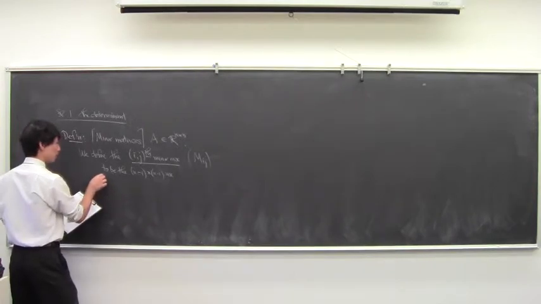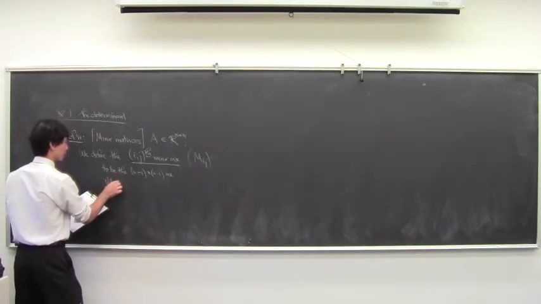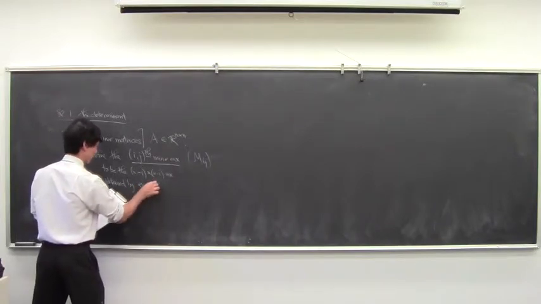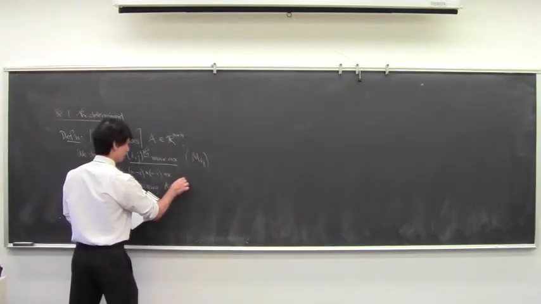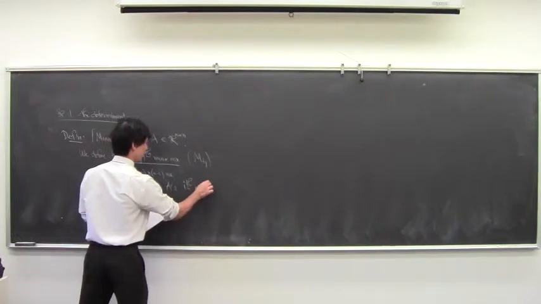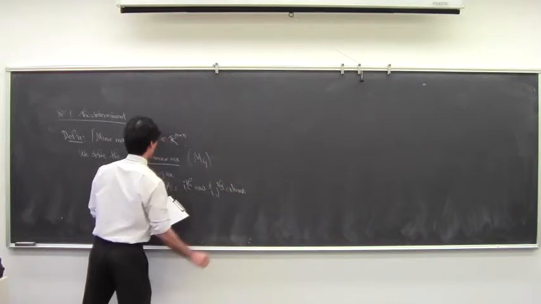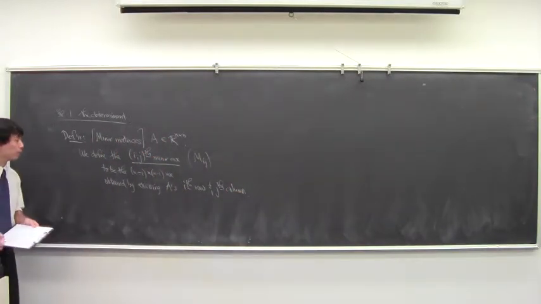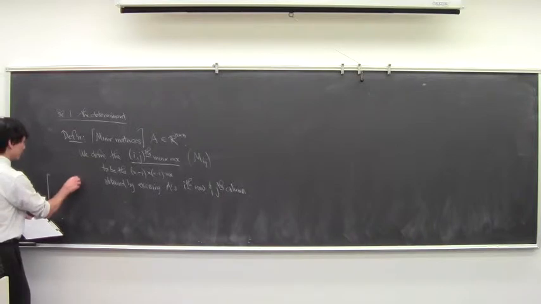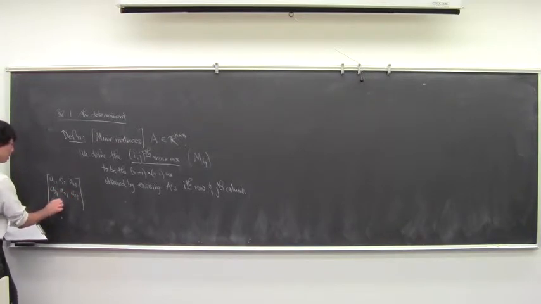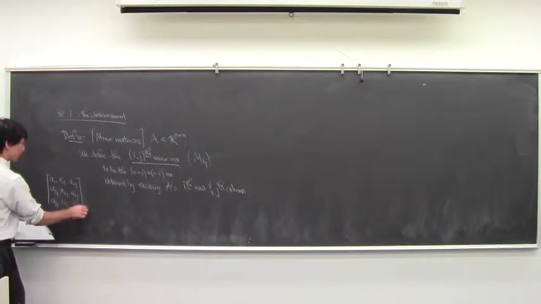that one obtains by excising A's ith row and jth column. So the ijth minor matrix: you have some matrix A11, A12, A13, A21, A22, A23, A31, A32, A33.